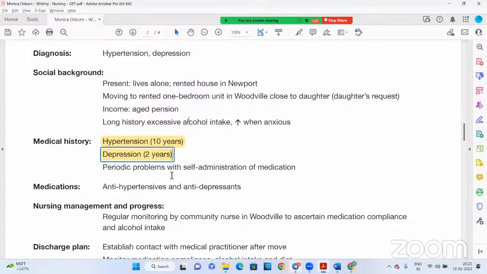The next one: for these two problems, she is taking medications. Antihypertensives for hypertension, antidepressants for depression. These are the medications.